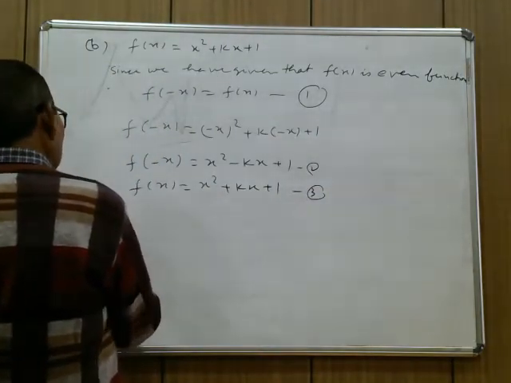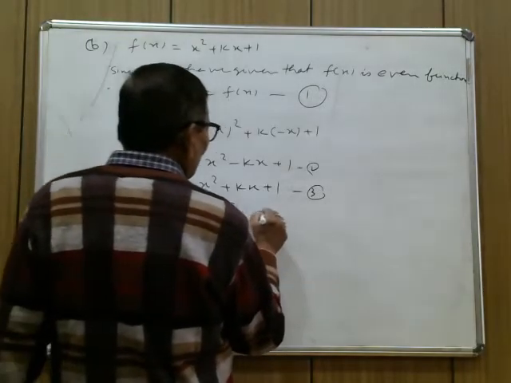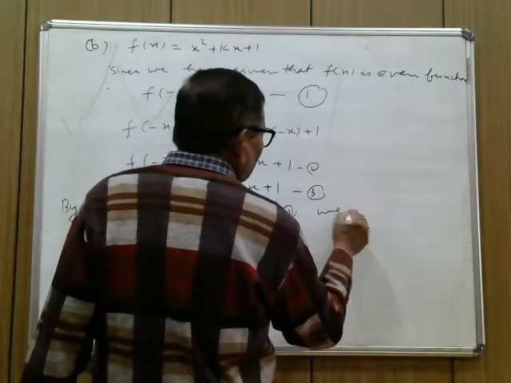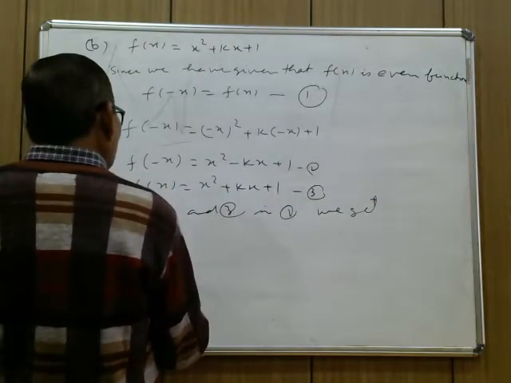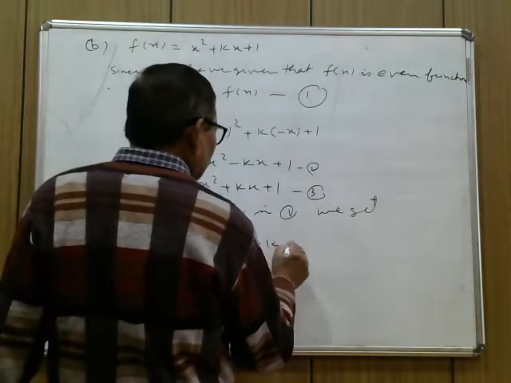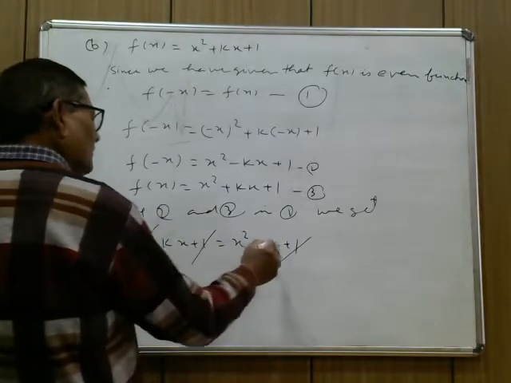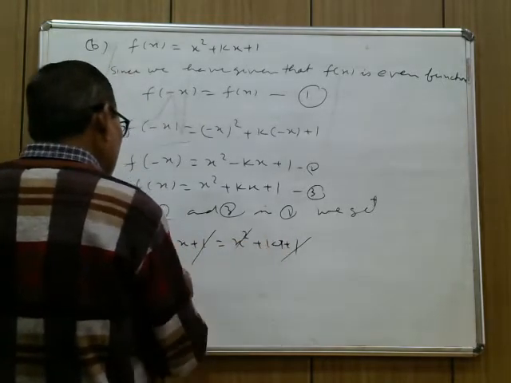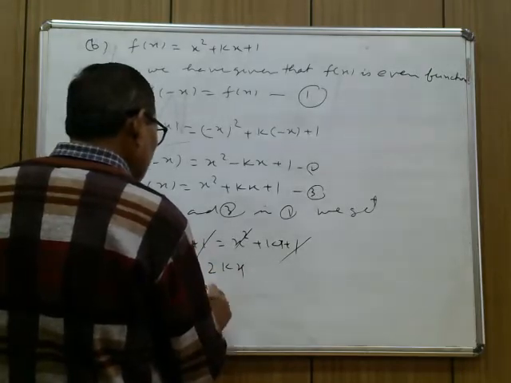By using 2 and 3 in 1, we get x square minus kx plus 1 is equal to x square plus kx plus 1. 1 and 1 will be cancelled, x square and x square will be cancelled, 0 equals 2kx, so 2kx equals 0.